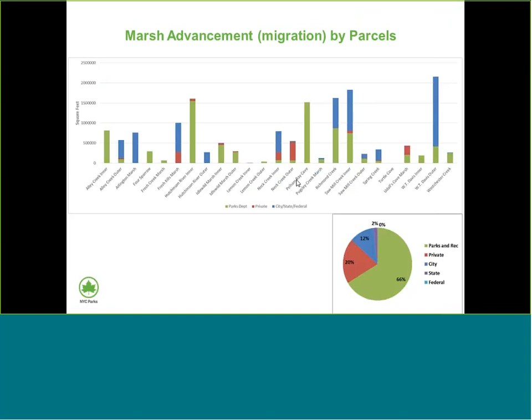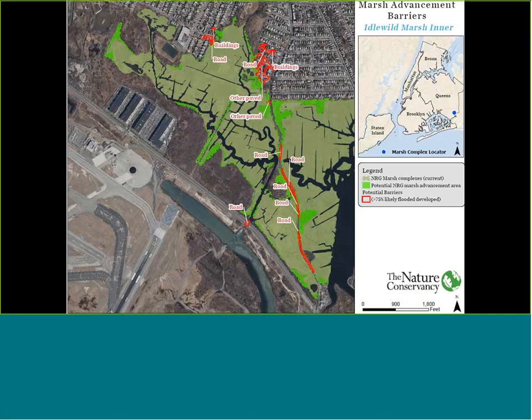And looking just across the city, seeing the different parcel ownership of where potential marsh migration is projected to occur in the future, you can see it is mostly going to be, or slated to be, on Parks property already, with some at 20% private as well as state, city, or federal property.